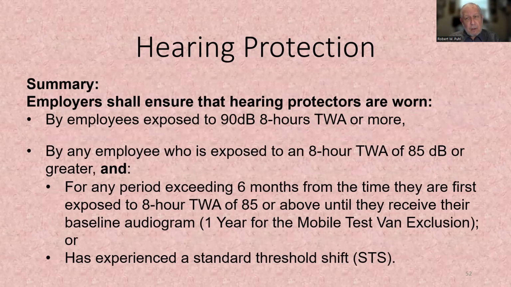Now, between 85 and 90, you're in the hearing conservation program and getting trained, and they're provided, but at 90, you gotta wear them. And by an employee exposed to an 8-hour time-weighted average of 85, and this is before the mobile test van exclusion, which we'll talk about in a little bit, or they've experienced a standard threshold shift, which means that they've lost hearing since their baseline, and that's an OSHA recordable injury or illness.